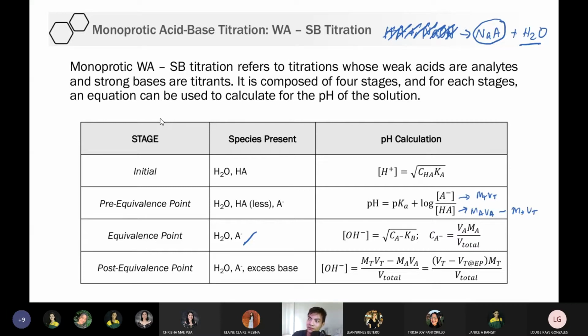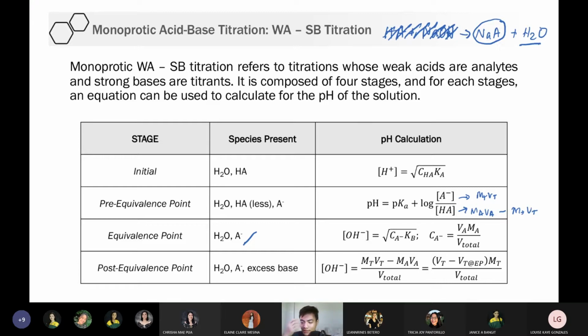And that means at equivalence point ng WASB titration, ang pH ng equivalence point ay basic. Why? Because the conjugate base contributes to the pH of the solution at equivalence point. So kung sa strong acid, strong base, ang pH at equivalence ay 7, kapag weak acid, strong base, ang pH at equivalence ay ano?